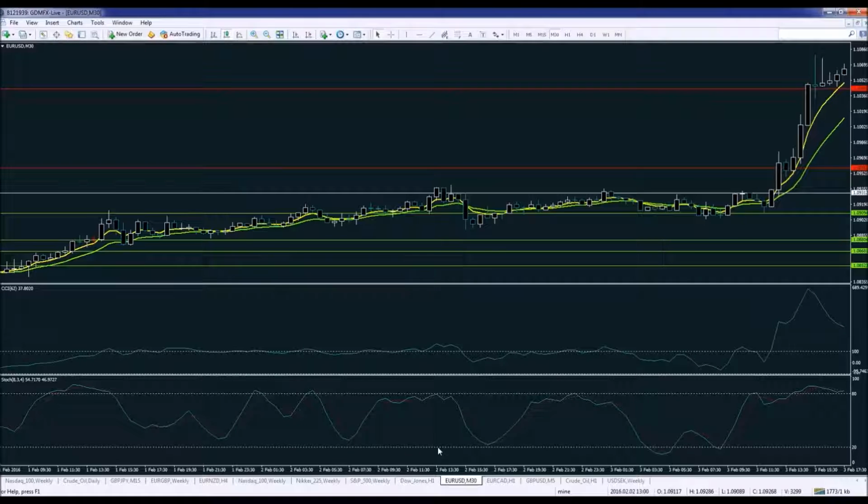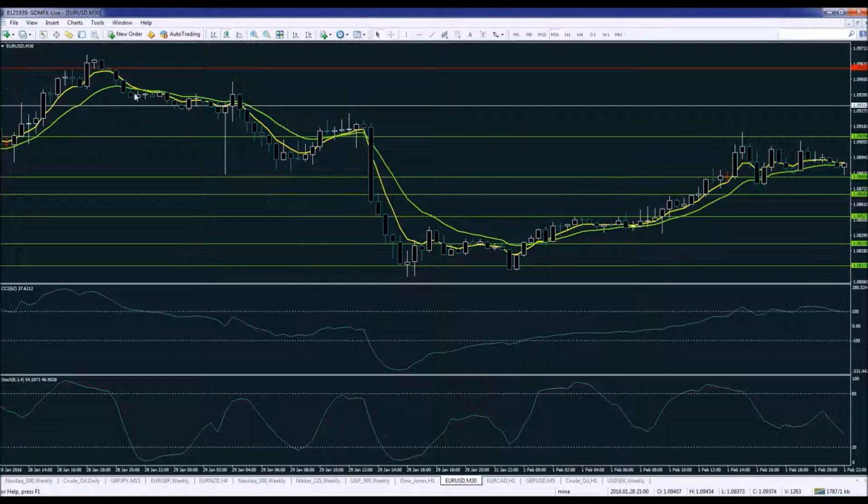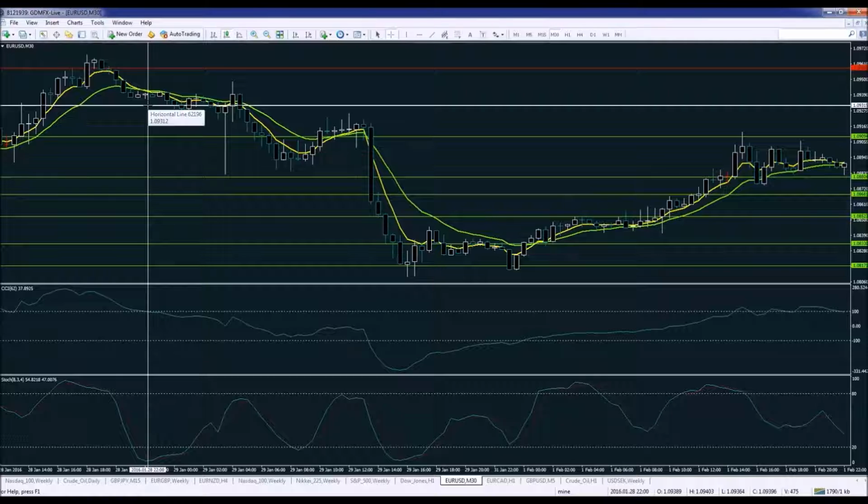You can see the sideways direction of the market here. There are multiple crossings during that time. You can see how flat the commodity channel index is, meaning lower volatility. But once the market is trending, as in this other example, you can see the crossing of the moving average and the commodity channel index happening at the same time.